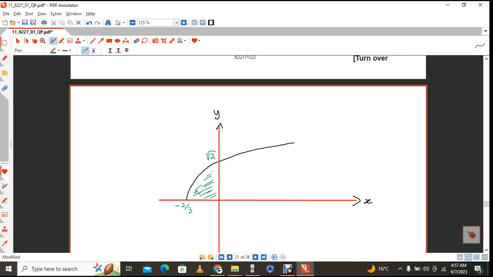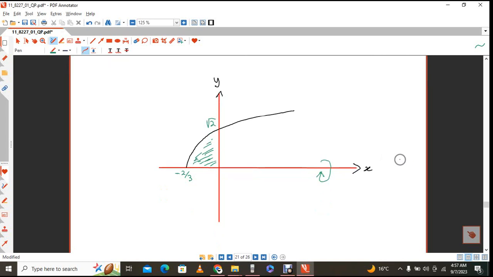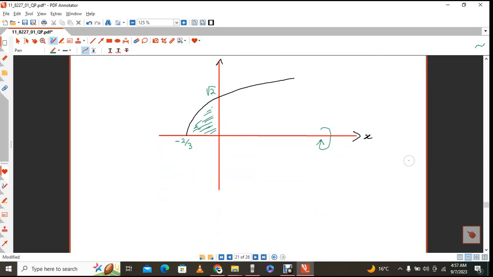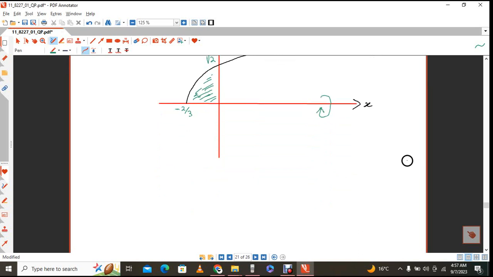I just want you to see that if I was to rotate this about the x-axis, as they are saying, find the volume of the shaded region, giving your answers in terms of pi. If you rotate it 360 degrees about the x-axis, this actually becomes a cylinder of some sort.